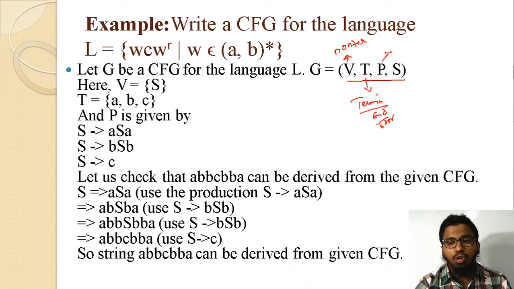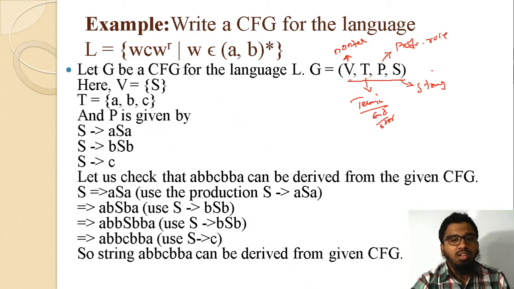P is a production rule. How to do the production rule? And S is the start symbol. So this is about the context free grammar. And what is V? V is nothing but the non-terminals, whatever is there.